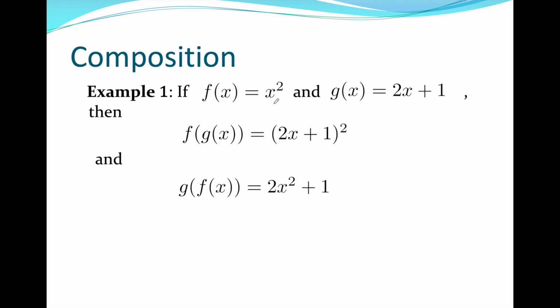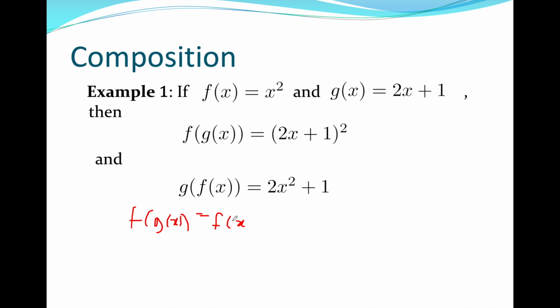If f(x) is equal to x squared and g(x) is equal to 2x plus 1, to find f(g(x)), the first thing that you must do is f, and then what is g(x)? g(x) is 2x plus 1.